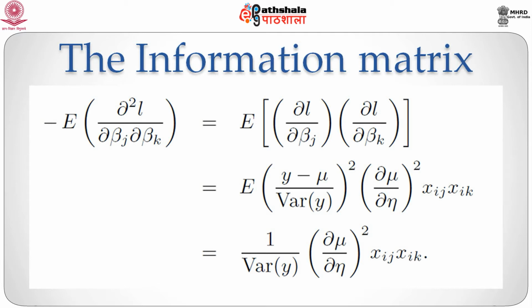Using the calculations which we have derived so far, this is equal to expectation of y minus mu over variance of y whole square into d mu d eta whole square into xij xik. Using the fact that expectation of y minus mu whole square is the variance of y, this simplifies into 1 over variance of y d mu d eta whole square into xij xik.